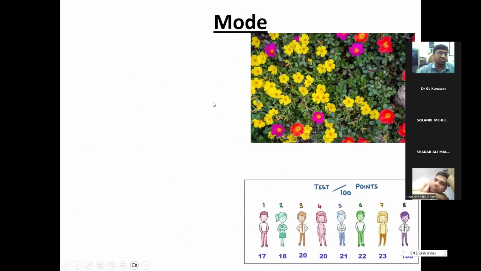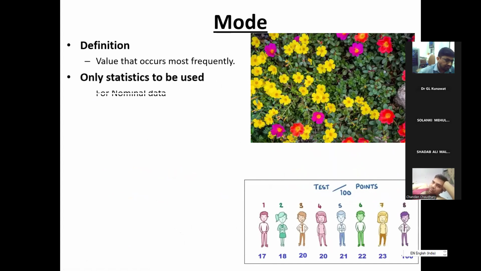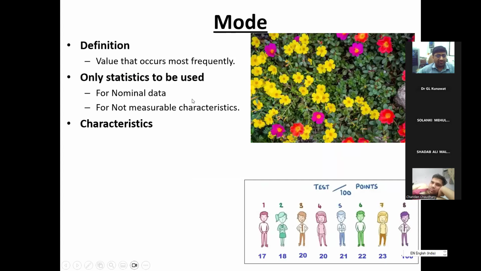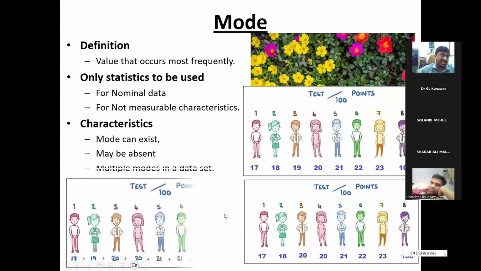Another measure is the mode. What is the mode? It is the value which occurs most frequently in the given data. This is the only statistic that can be used for nominal data or non-measurable characteristics. In a given data set, a mode may exist, sometimes the mode may be absent, or sometimes there may be multiple modes within a single data set.